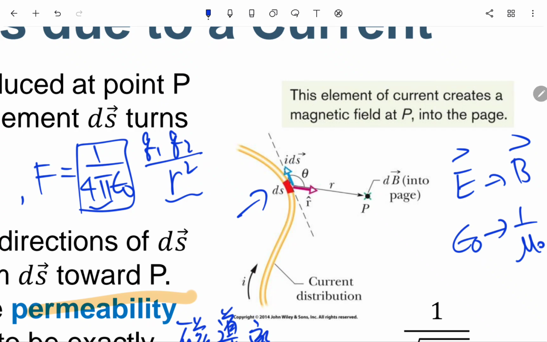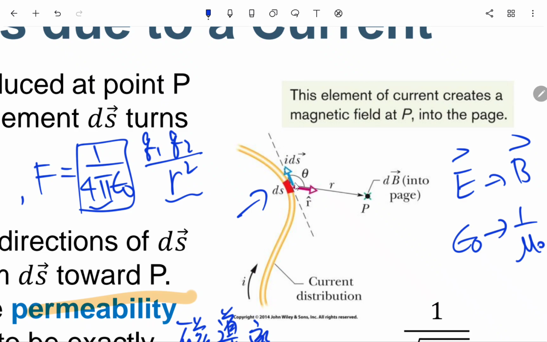So in this case, for example, for this ds, if you know how to calculate this ds, you should be able to calculate the others. So let's focus on this one. As much as this current is going from bottom to top, for this ds, the ds vector is actually the tangent line at this point.